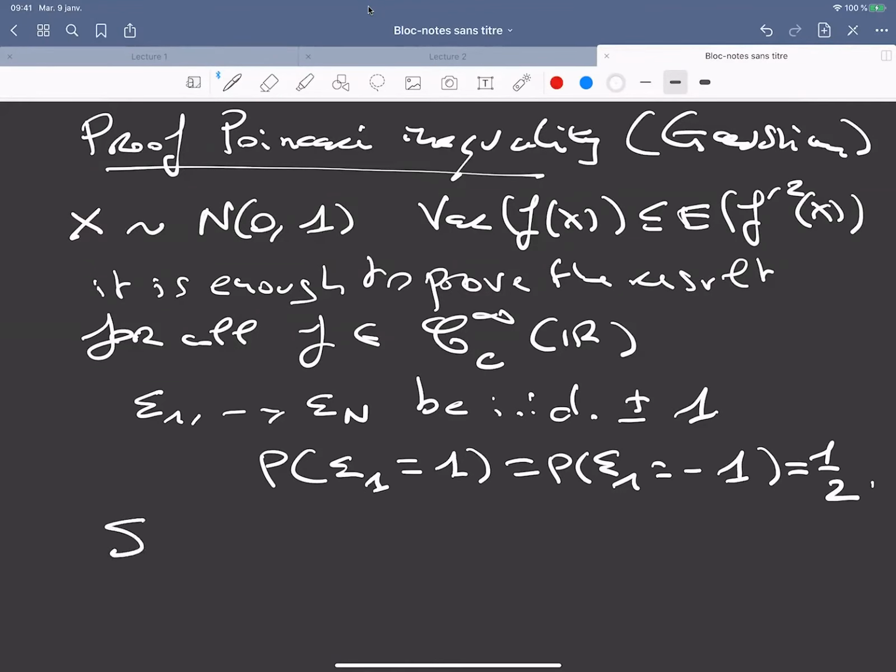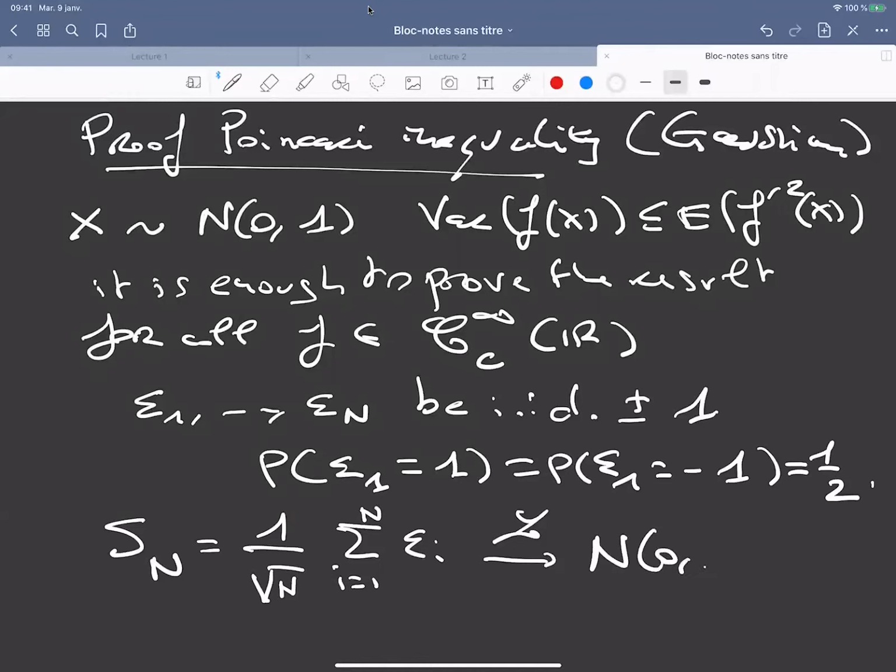And you look at the sum, S n, of these variables normalized by square root of n. So it's a CLT normalization. So when you normalize like that, it goes in distribution to a standard normal.